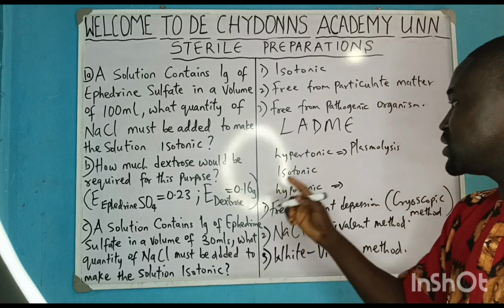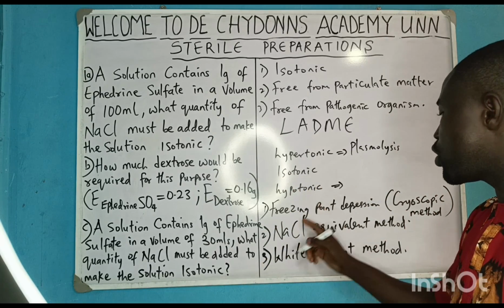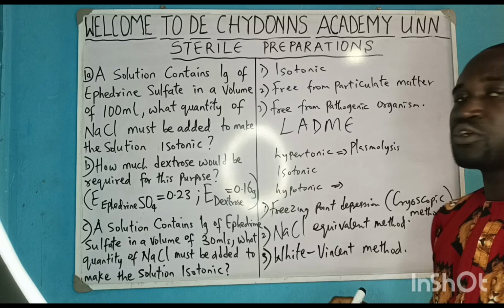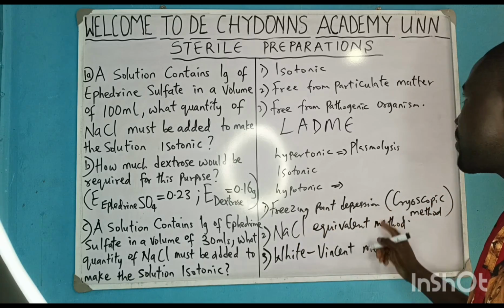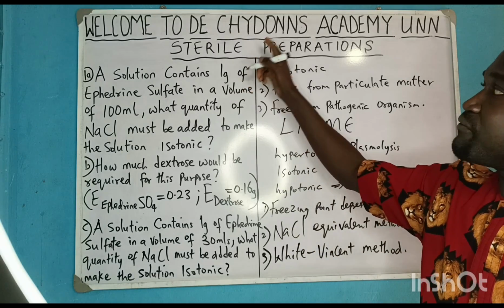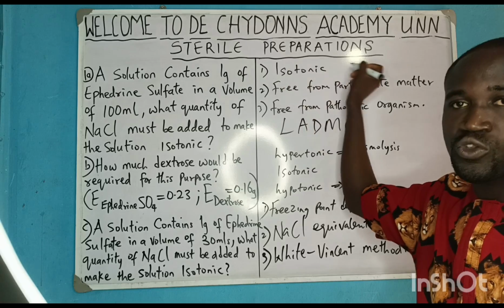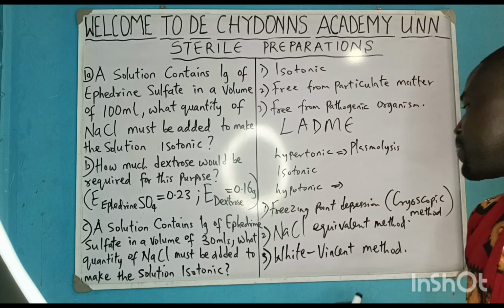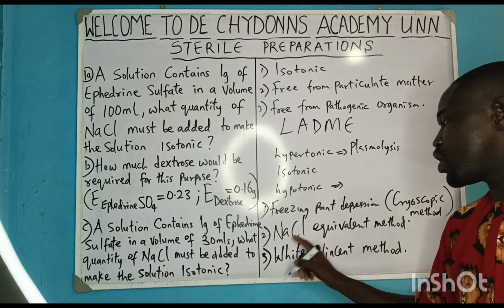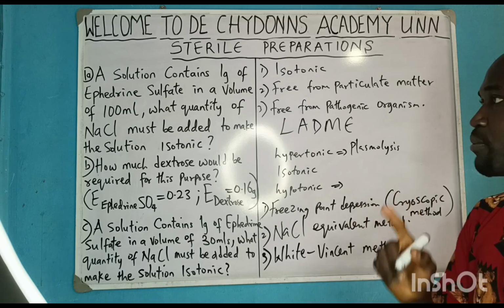Now, in this video, we want to discuss the sodium chloride equivalent method, the use of the sodium chloride equivalent method to make a sterile pharmaceutical preparation isotonic. Where is this concept coming from?